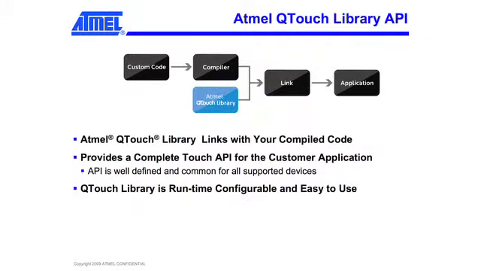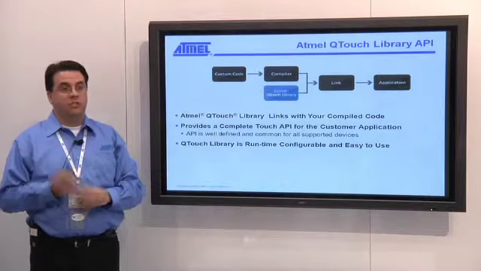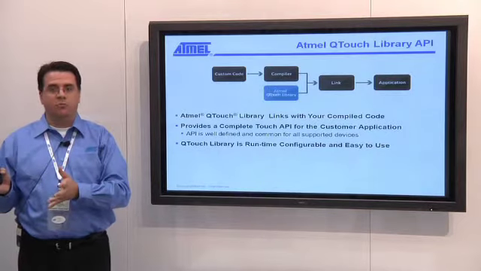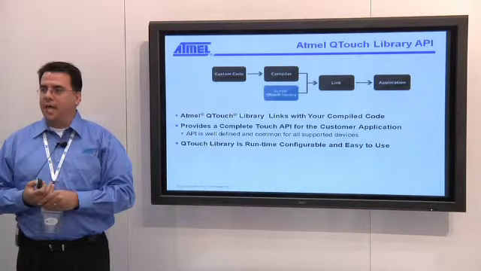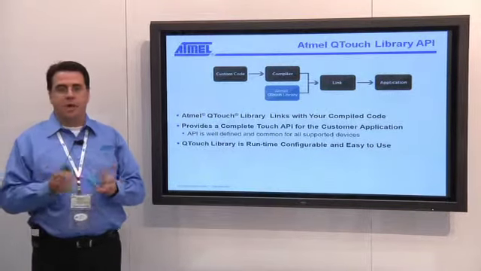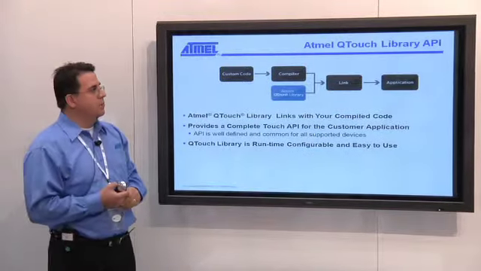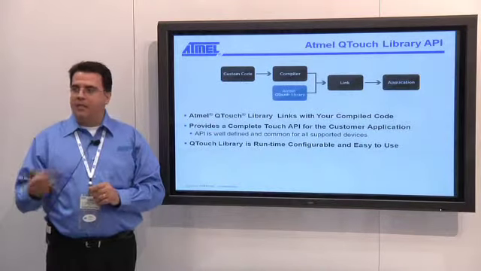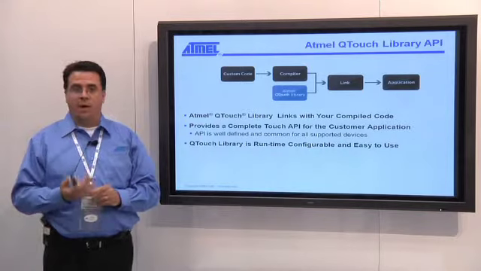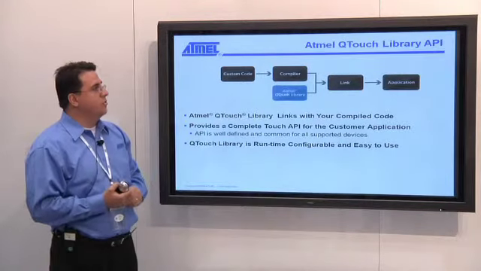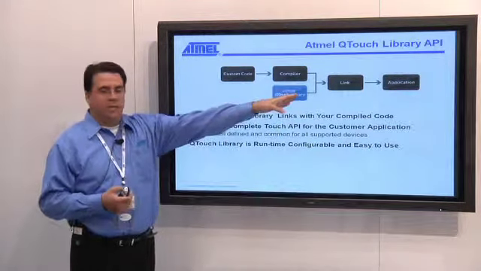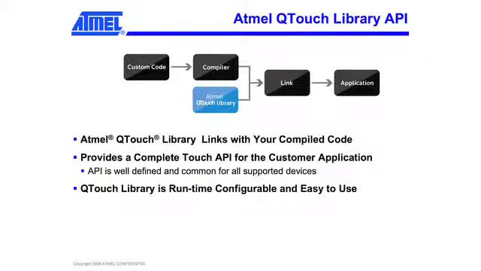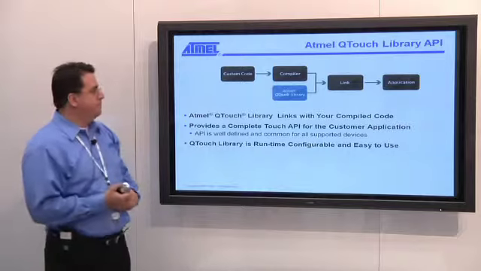In parallel, you link in one of the QTouch libraries that supports the device you want to use, and using a common API, common to all of our device families, you can add this touch functionality. So add buttons or sliders or wheels to your system, link it into your code, then compile your final application, and you're done.